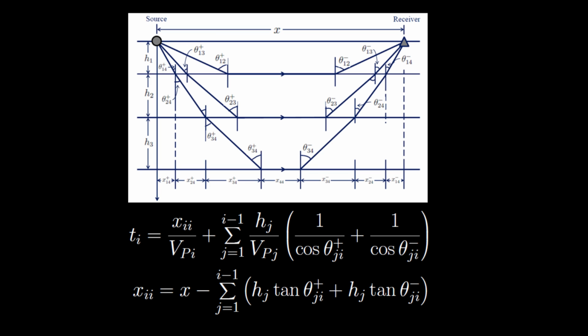Now, let's continue the lecture. We have shown that the travel time of refracted waves for a single horizontal layer over a high velocity half space is a linear function of the source-receiver separation, that is, the offset.